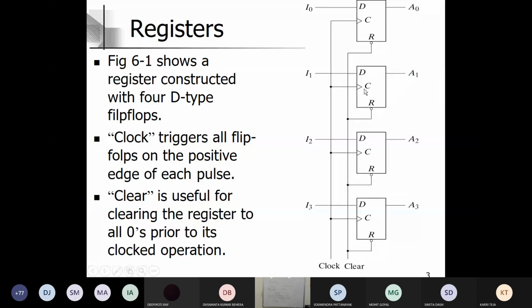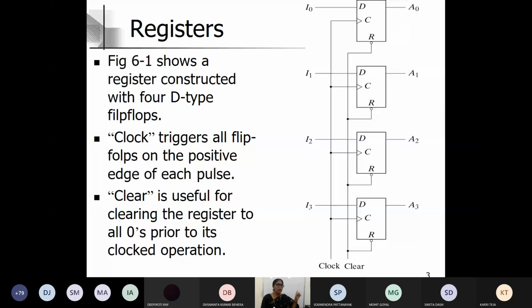Okay, now just see. This is a circuit. Don't look into the text. Only analyze the circuit. In the circuit, what exactly do you have? You have flip-flops, right? Four flip-flops, four D-type flip-flops.